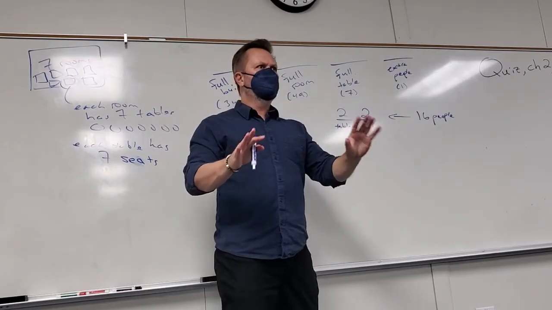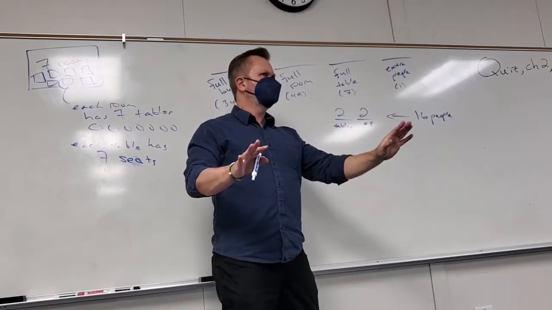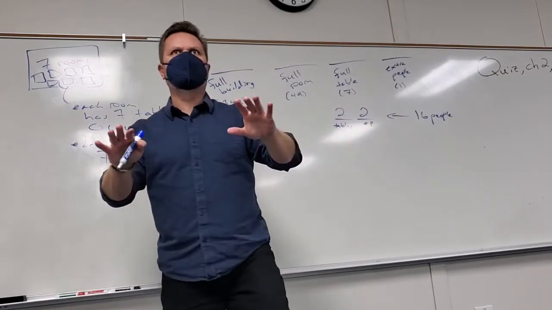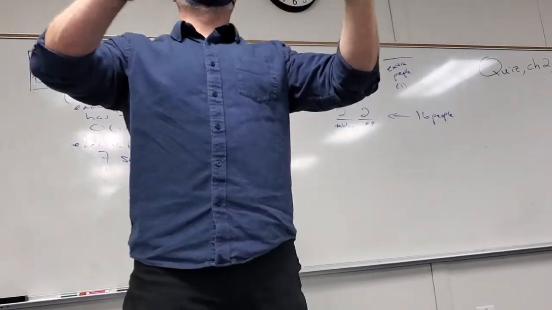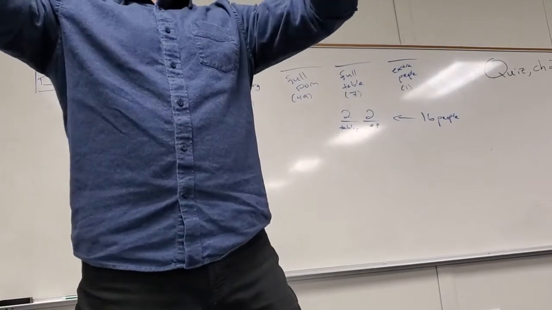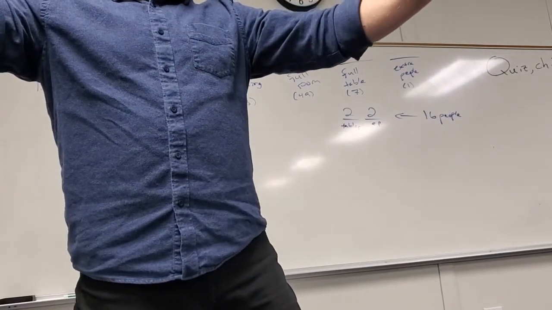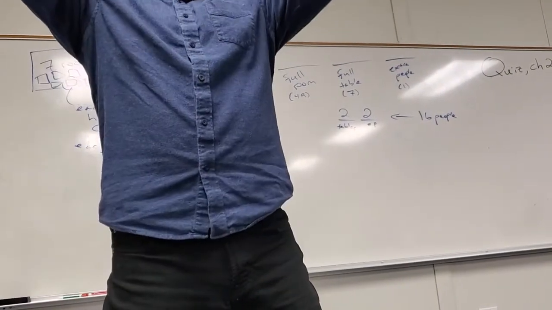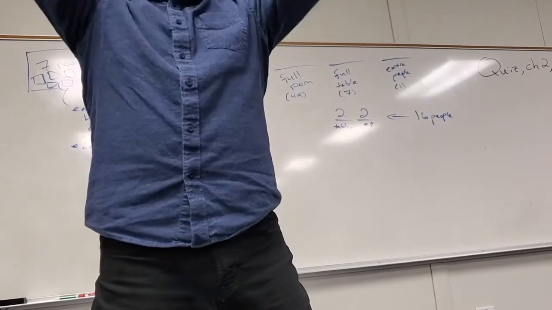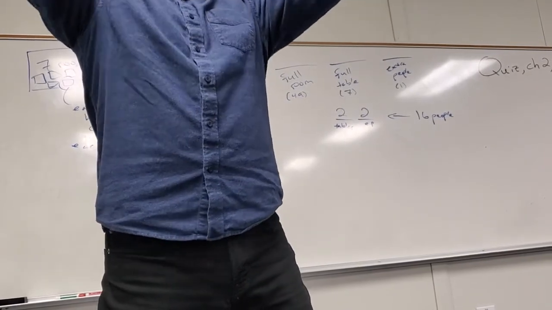Does that make sense? So this physical problem explains the math behind how we handle different bases. Math doesn't always have a physical example, unfortunately, right? But very often it does.